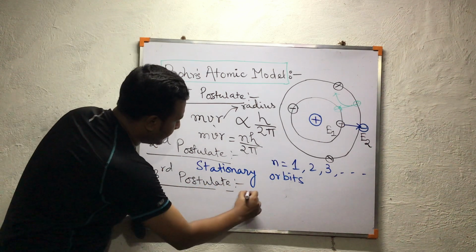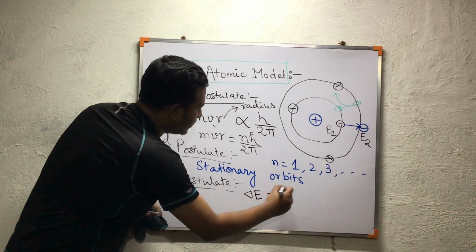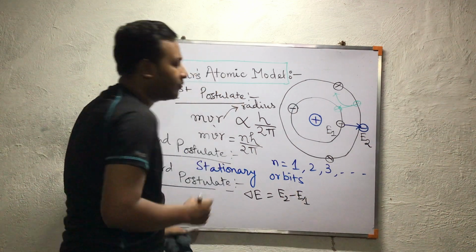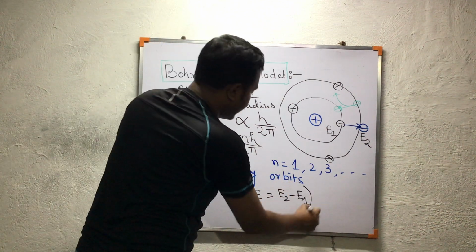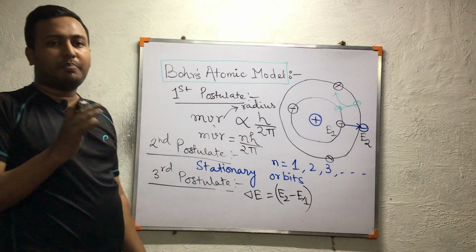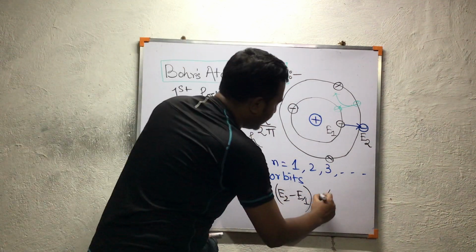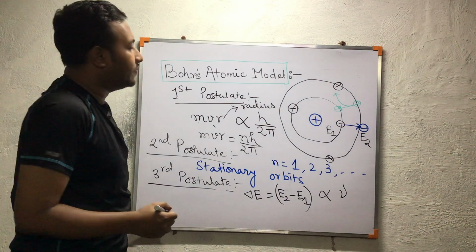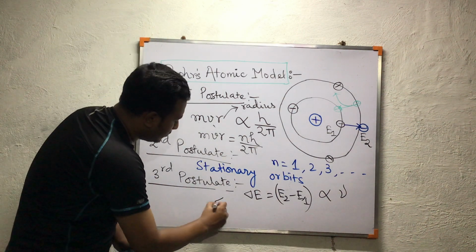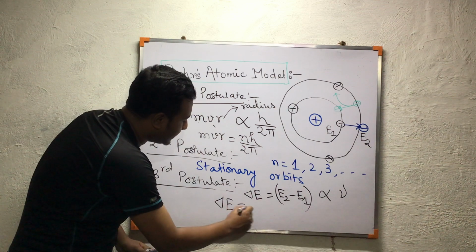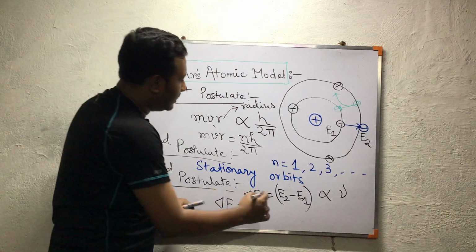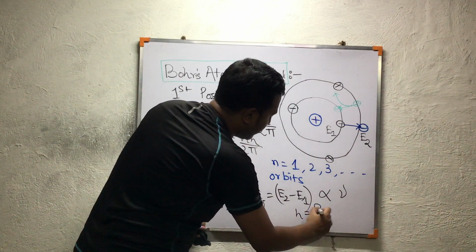So the energy difference delta E equals E2 minus E1. According to Planck's quantum theory, this energy difference is directly proportional to the frequency of the wave, so delta E equals h nu, where h is Planck's constant.